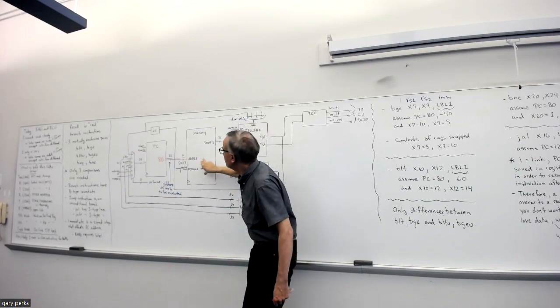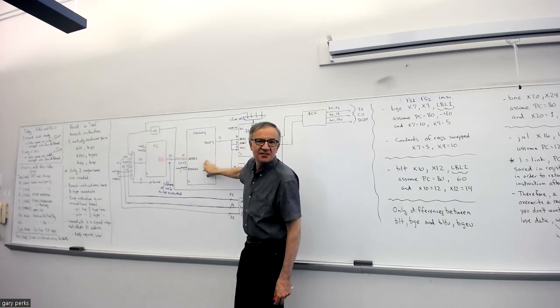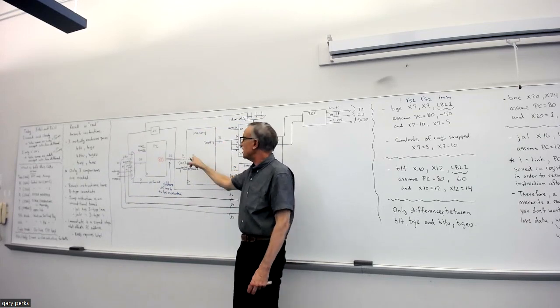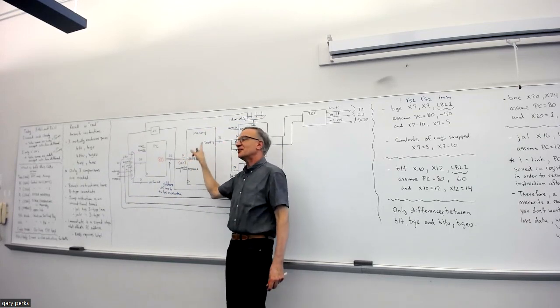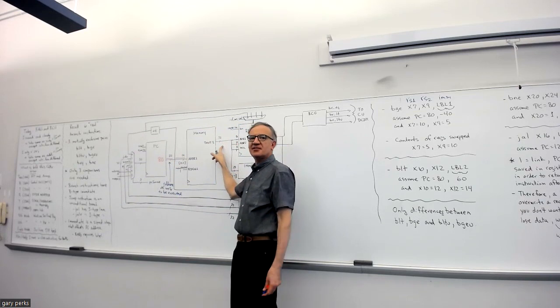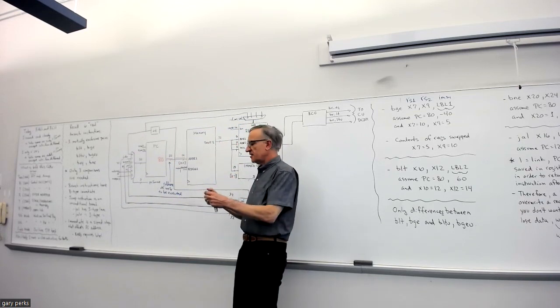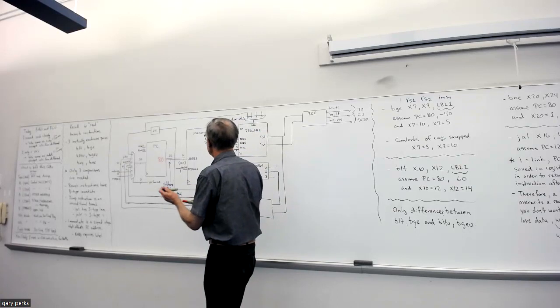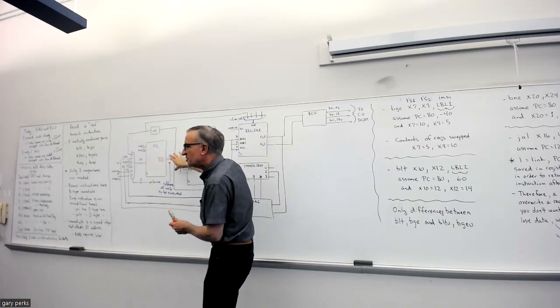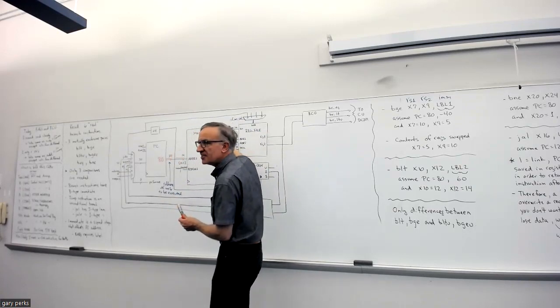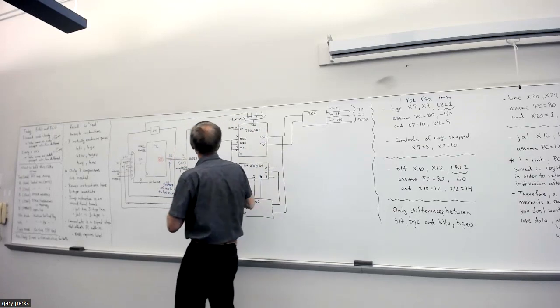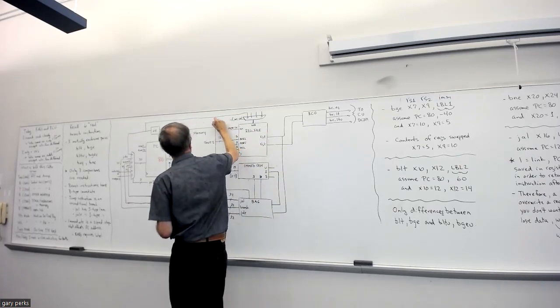Because what's inside this memory module? Instructions, the code segment. So it's going to take the contents at this address and put it here, which is the instruction. The address is here at the input of the memory module, and the actual instruction is at the output of the memory. So again, here's the instruction.